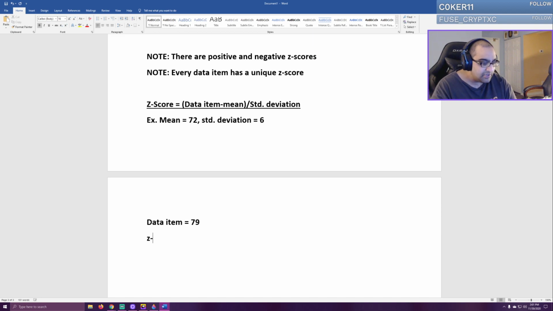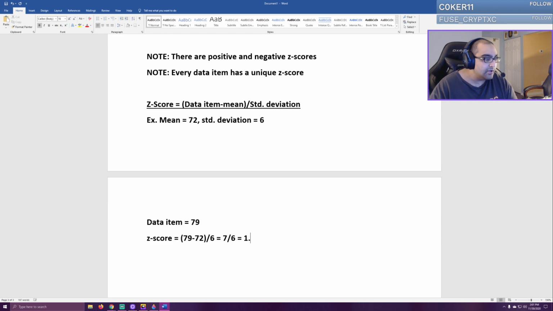The z-score in this case is going to equal the data item, 79, minus the mean, 72, divided by the standard deviation, which is 6. 79 minus 72 is 7. Then we take 7 divided by 6.